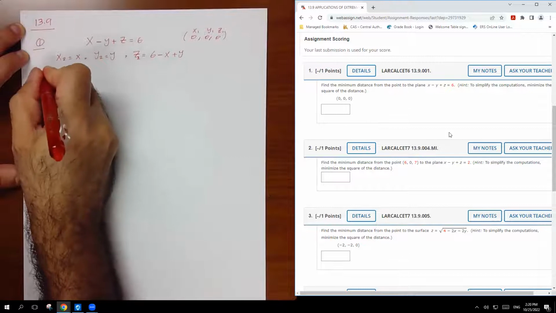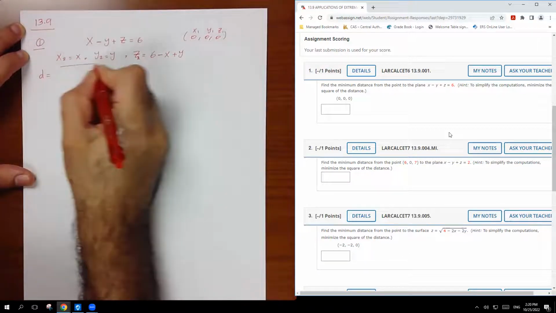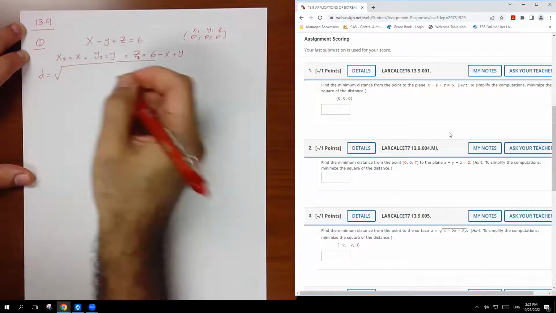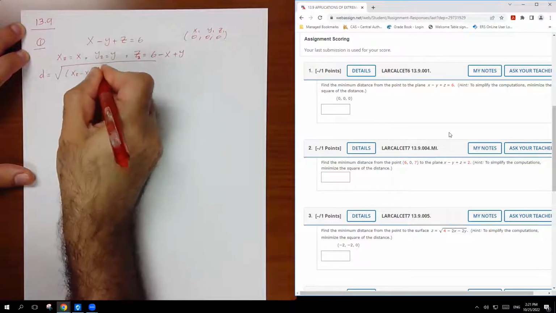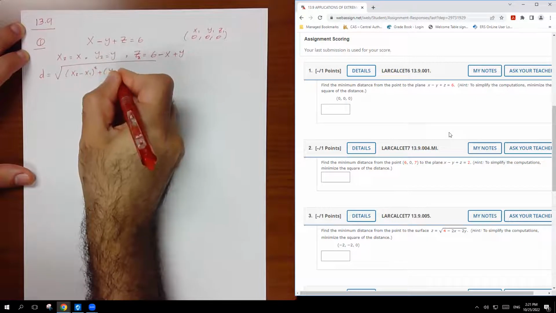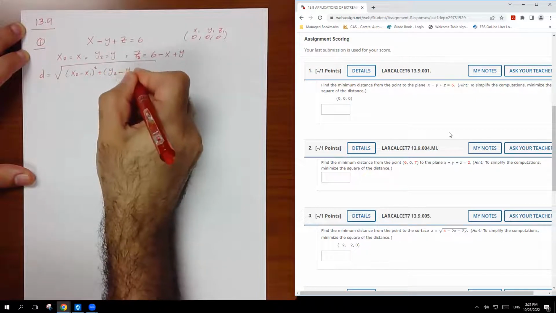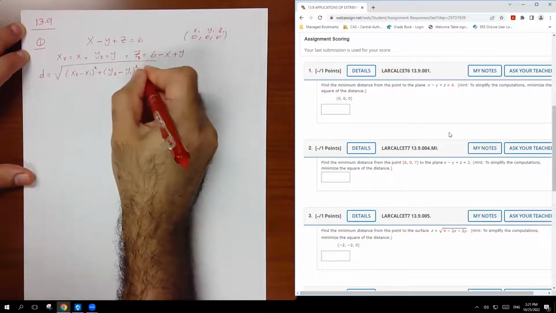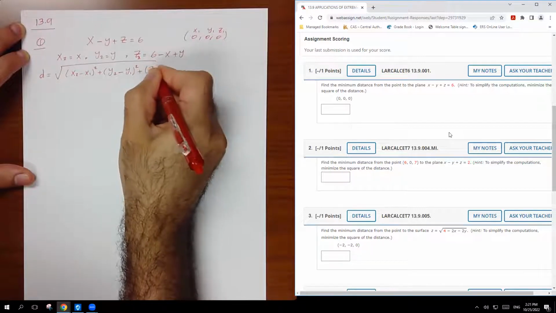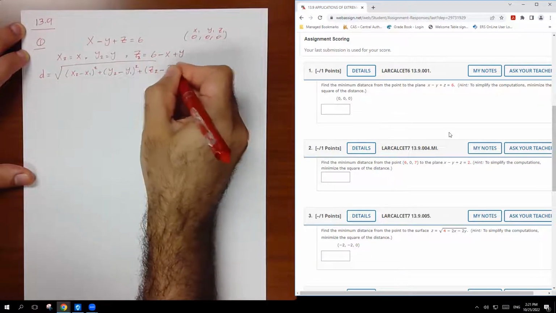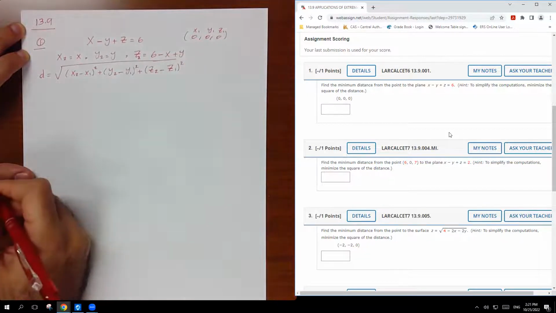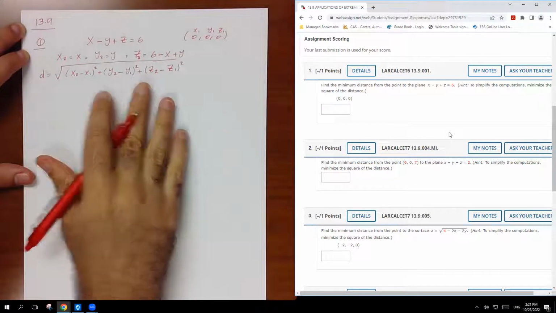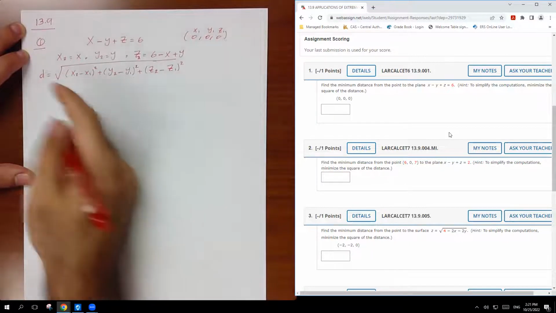The distance formula, d equals the square root of x2 minus x1 squared plus y2 minus y1 squared plus z2 minus z1 squared. Before I keep working on this one, I'm going to square both sides.